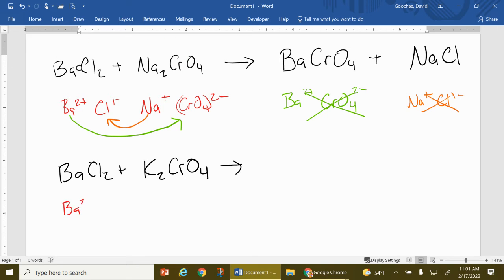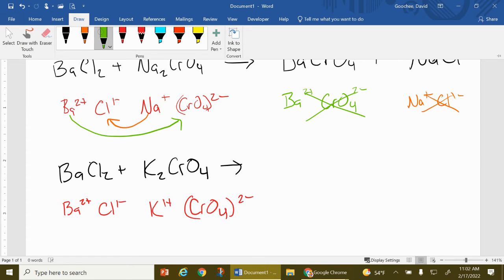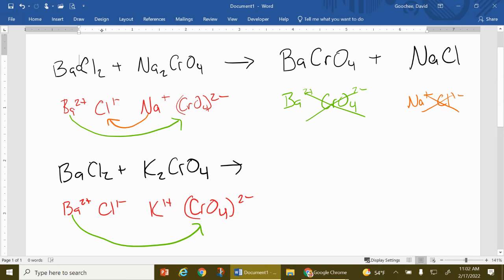Barium again is 2 plus, chloride is 1 minus, potassium is 1 plus, and chromate is 2 minus.